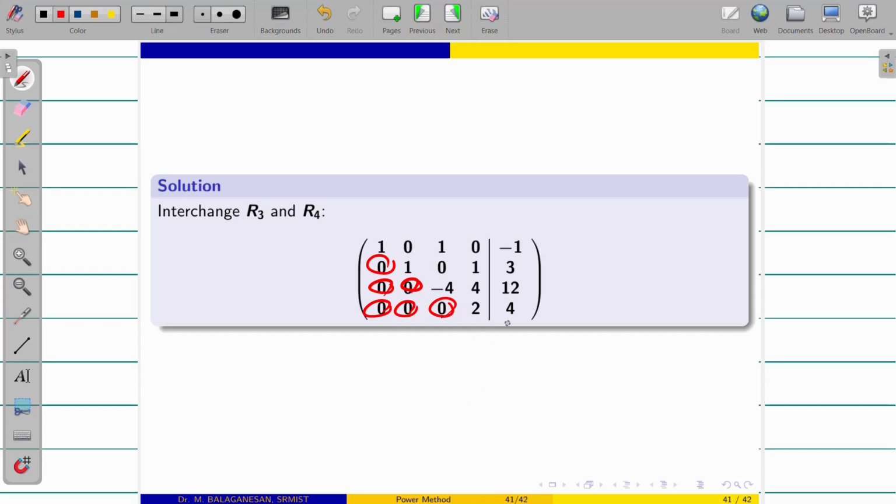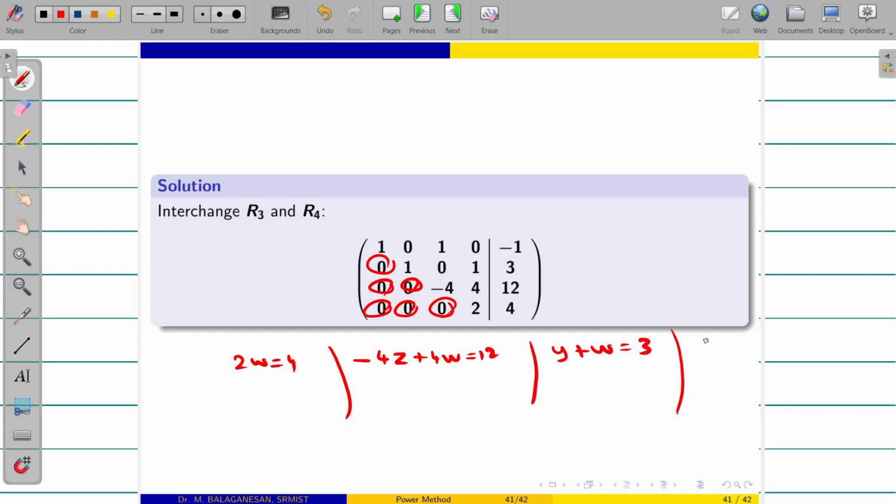That's it. Back substitution. How to do that? 2w equal to 4 from the last row. From this, minus 4z plus 4w equal to 12. And finally, the second row will be 0x, 0y, z also 0, plus w equal to 3.